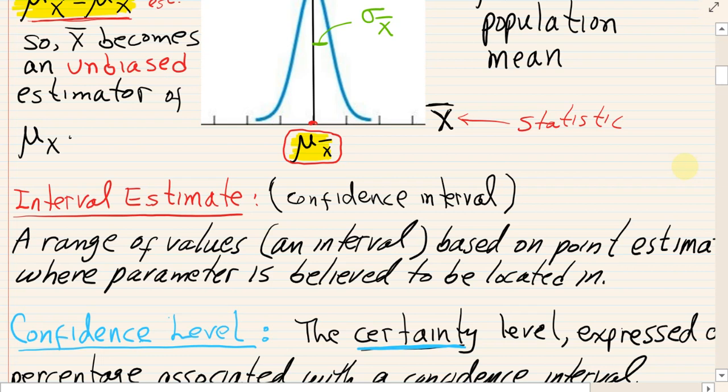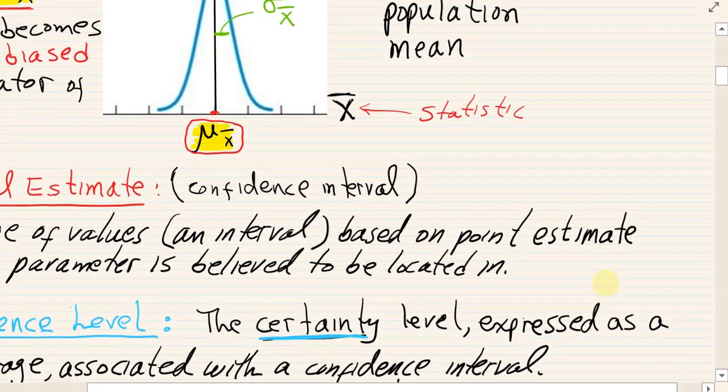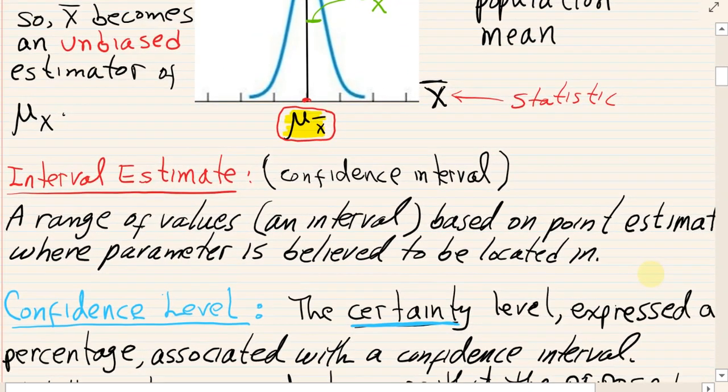These interval estimates are also known as confidence intervals. Here I have the definition: a confidence interval is a range of values, an interval based on a point estimate, where the parameter is believed to be located. So that's what a confidence interval is.